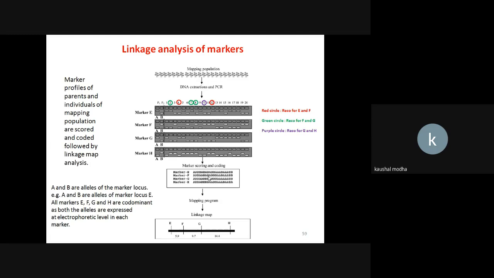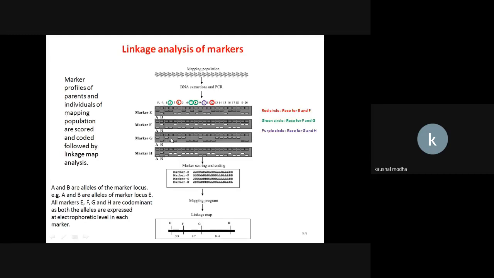Then we get the distance in terms of centimorgan utilizing the recombination frequency, where the recombination fraction is the number of recombinants divided by the total number of individuals, and you get the distance between the markers. Once this molecular marker map is prepared, here I have shown it for 4 markers only. Likewise, as we have considered for E and F, the same way we can also work out the distance between F and G. But the first RIL is parental type.